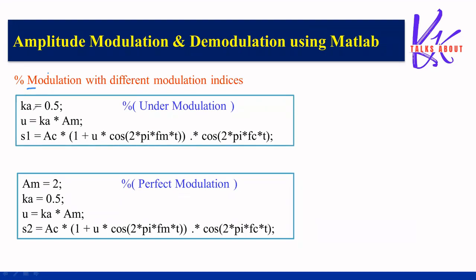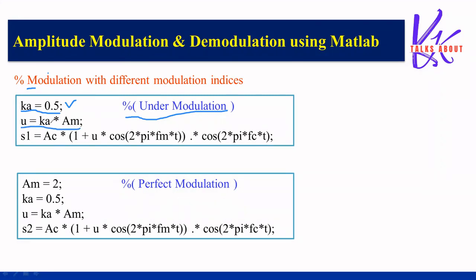First we implement under modulation. We have said that the amplitude sensitivity is the factor that decides whether the wave is under modulated, over modulated, or exactly modulated. Here we define the amplitude sensitivity as 0.5.